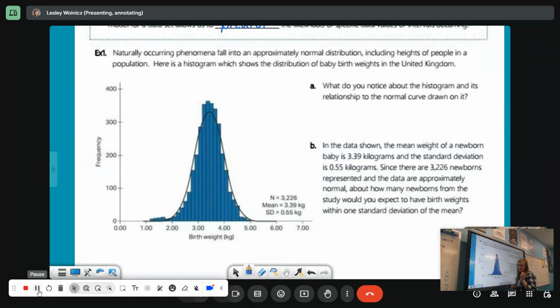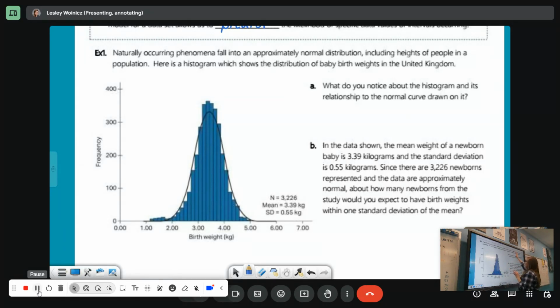I think both happen. So this is baby birth weights in the United Kingdom. What do you notice about the histogram and its relationship to the normal curve drawn superimposed on it?